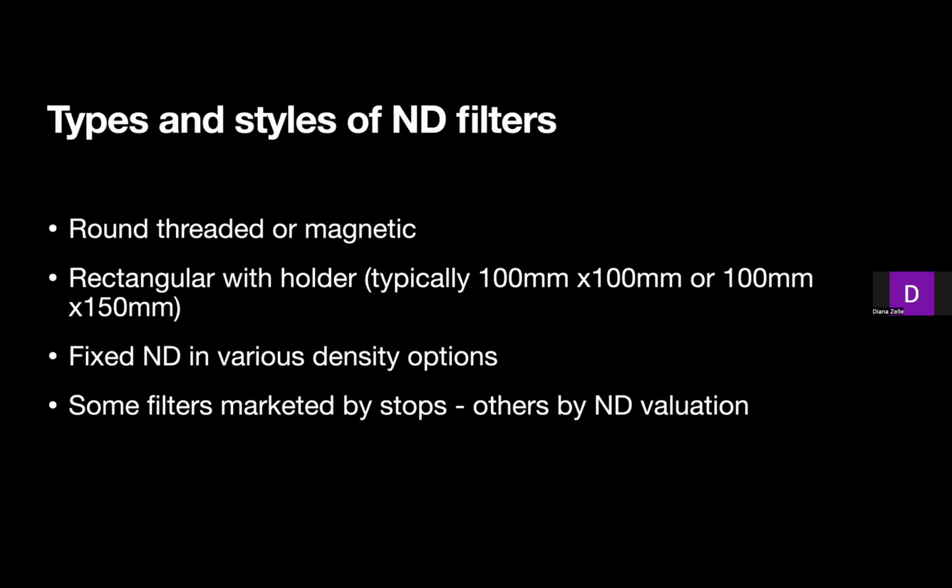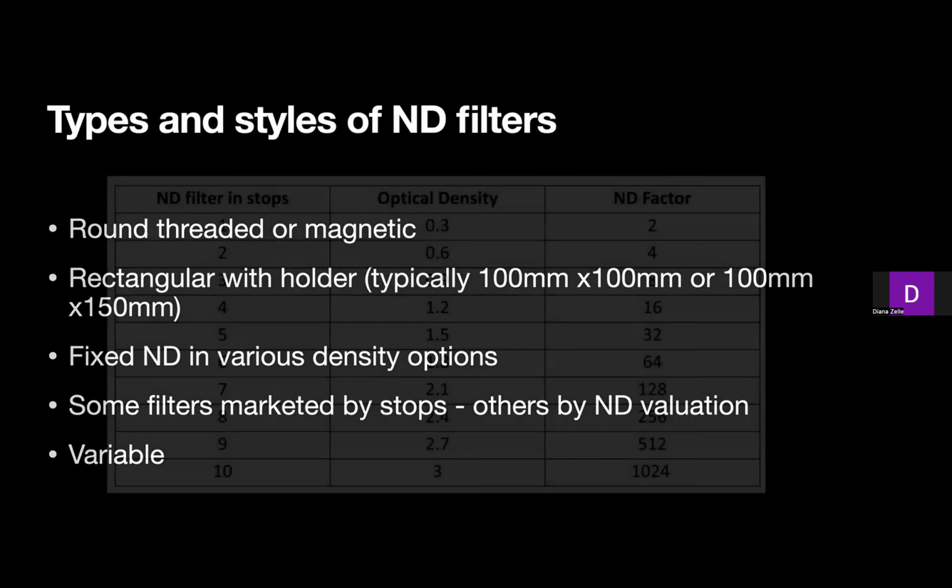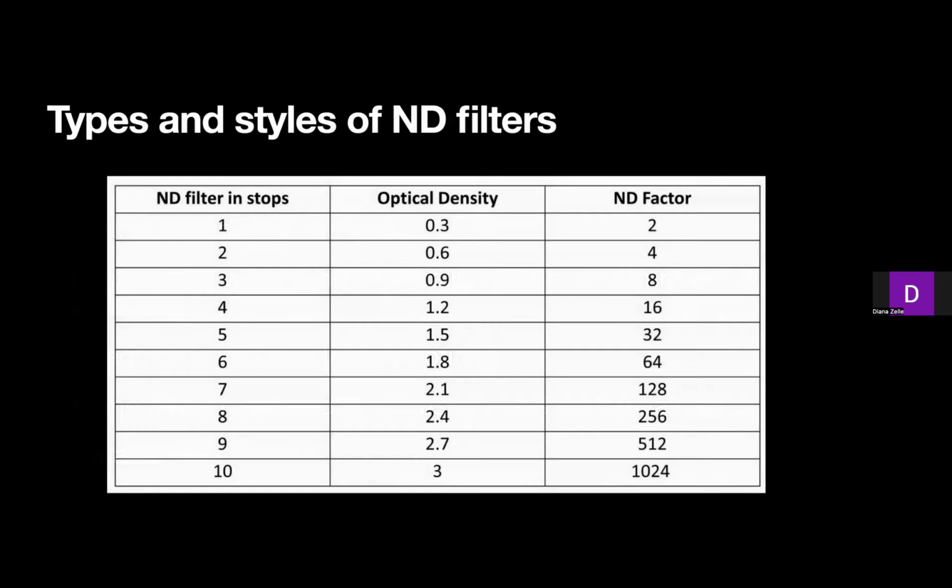Some are rated by stops. Some are rated by ND values. Right? So there could be 0.3, it could be a 3 stop, it could be a number 2. And then you have variables. Right? So let's talk about this for a second.